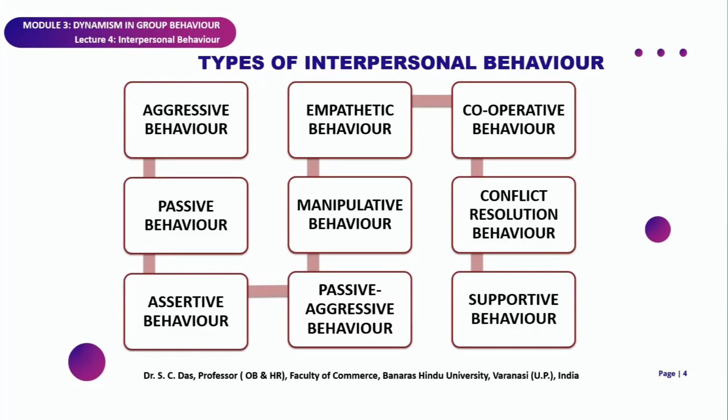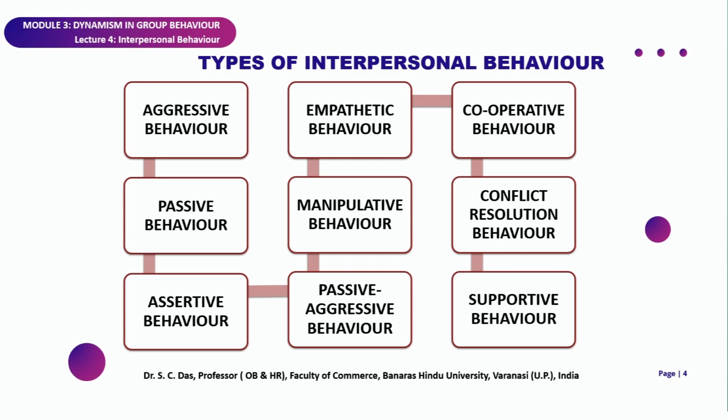Types of interpersonal behavior: there are 9 different types. Aggressive behavior, empathic behavior, cooperative behavior, passive behavior, manipulative behavior, conflict resolution behavior, assertive behavior, passive aggressive behavior, supportive behavior. At least you must try to understand which type of behavior is very important as far as interpersonal behavior is concerned.